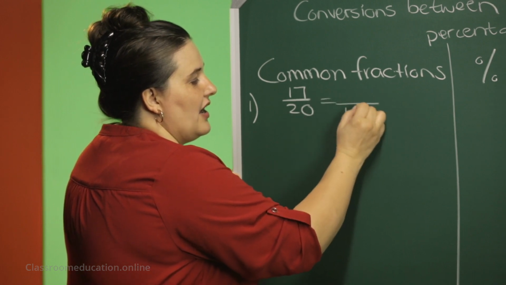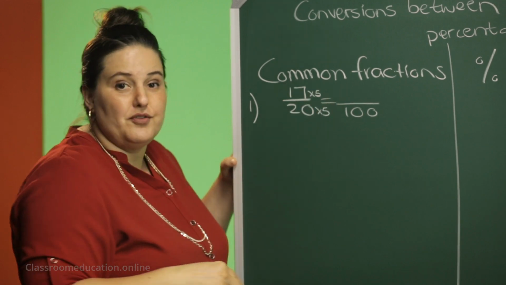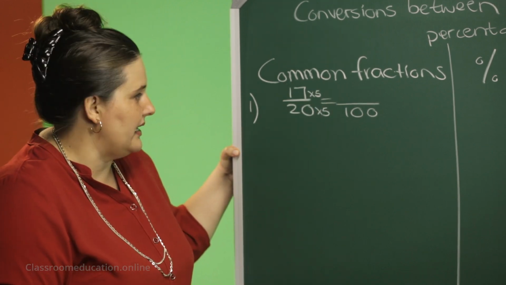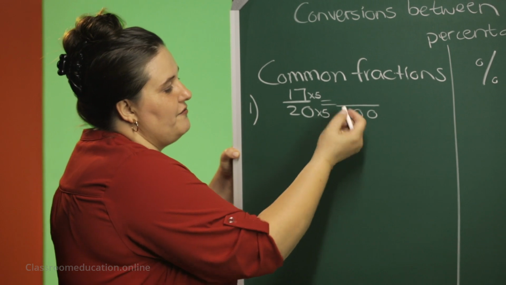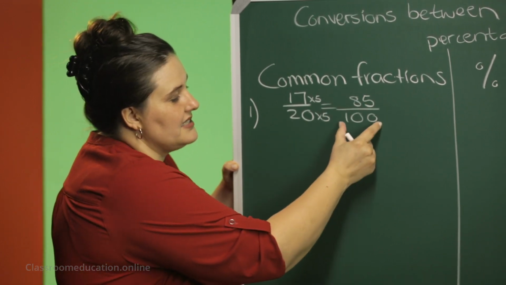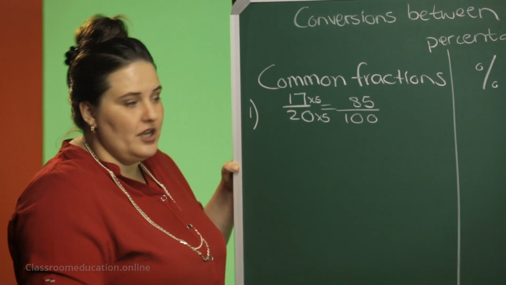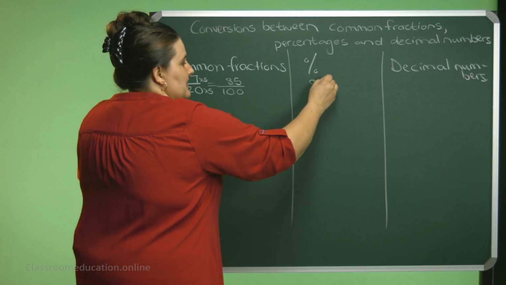To make it out of 100, we times top and bottom with a 5, both the numerator and the denominator. And if you multiply that by 5, you get 85 out of 100. And once it's out of 100, we actually have the value of the percentage, because then that will be 85%.